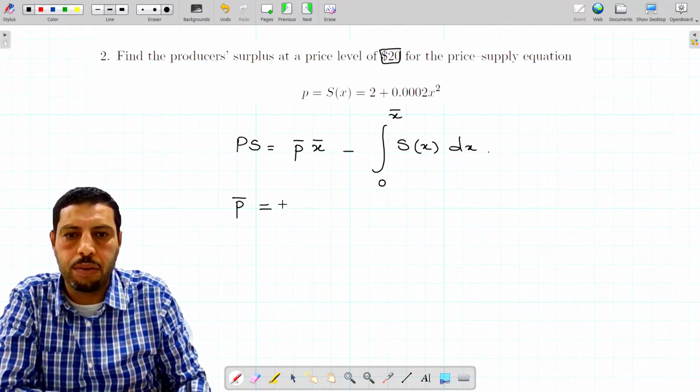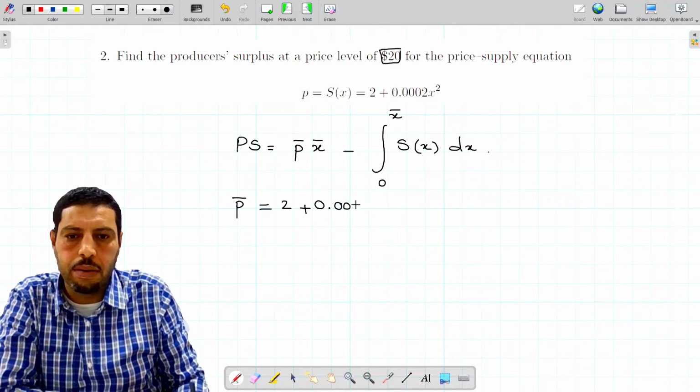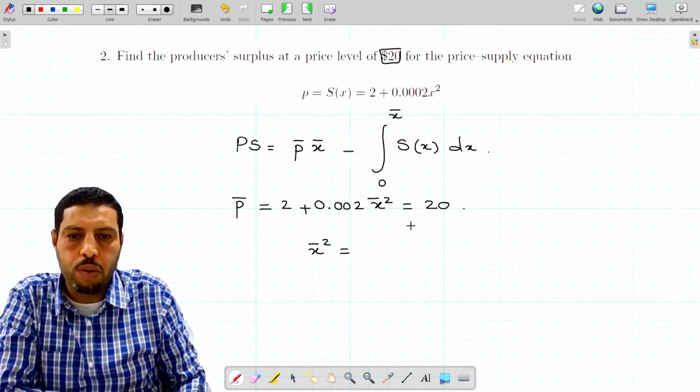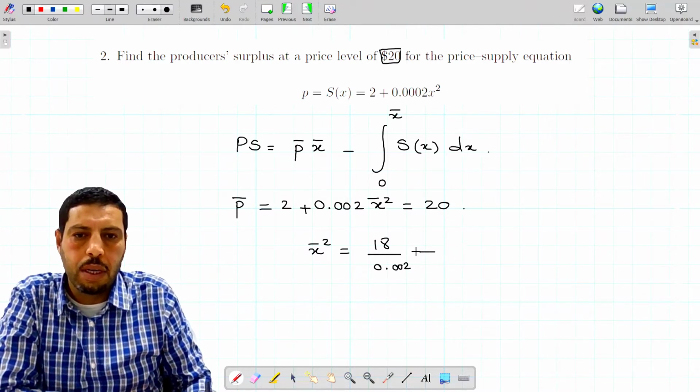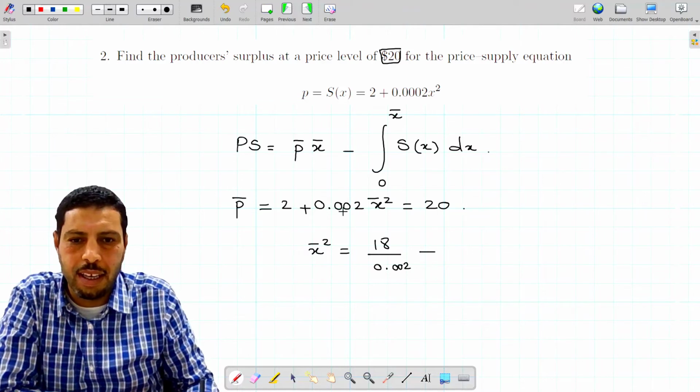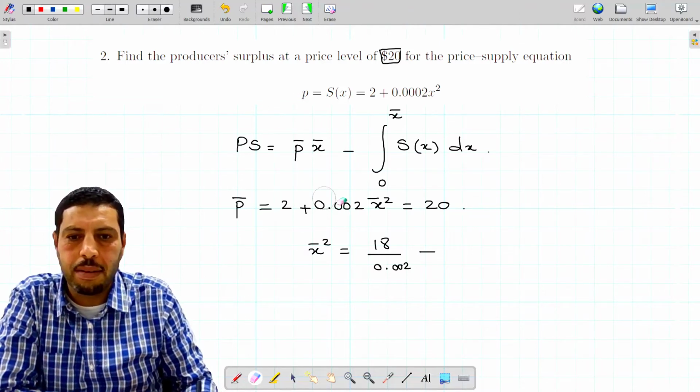So p bar is equal to 2 plus 0.0002 x bar squared, which is equal to 20. So x bar squared is equal to (20 minus 2), which is 18, over 0.0002. Okay, so I missed some zeros here, so 3 zeros.